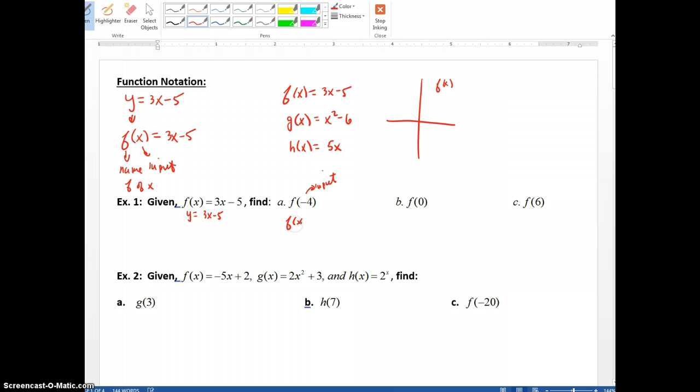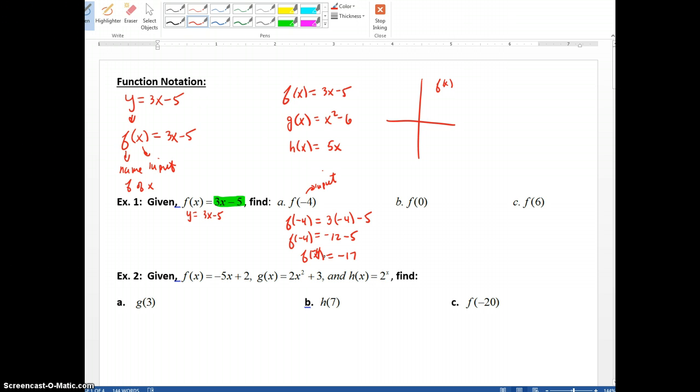So we say f of negative 4, that's my input value, is equal to, now everywhere in this function I see an x, I'm going to replace it with negative 4. So 3 times negative 4 minus 5. Now I can go ahead and evaluate that. f of negative 4 equals negative 12 minus 5, so f of negative 4 is equal to negative 17.